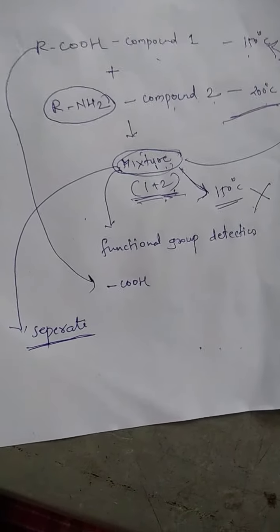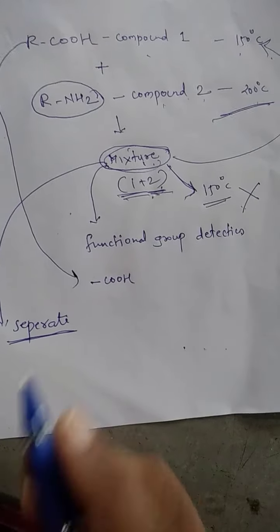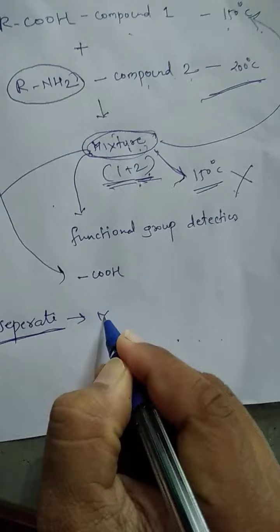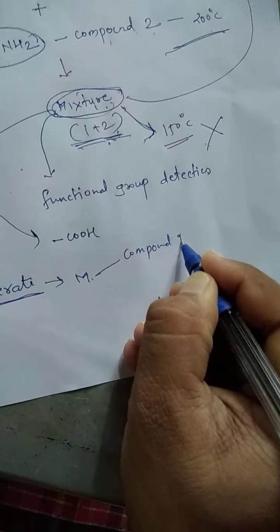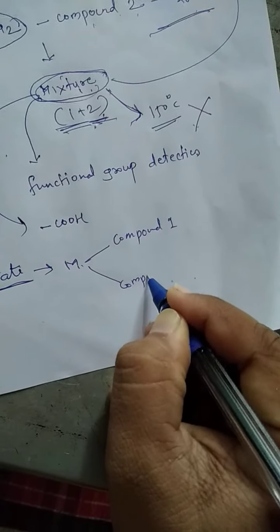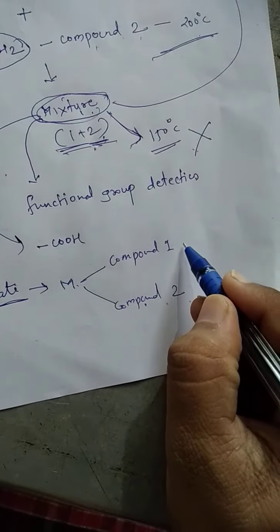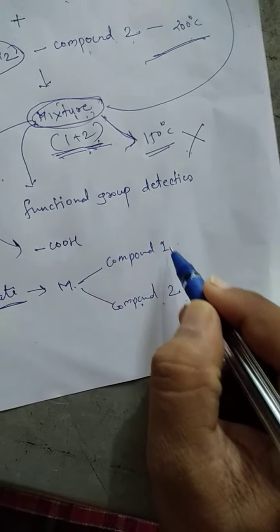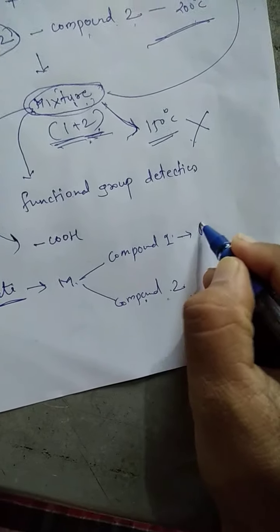By using the different techniques that we will see later on, you have to separate this mixture. Suppose this is a mixture, you have to separate it into compound 1 and compound 2. Then after separating compound 1 and compound 2, you have to regenerate the compound.